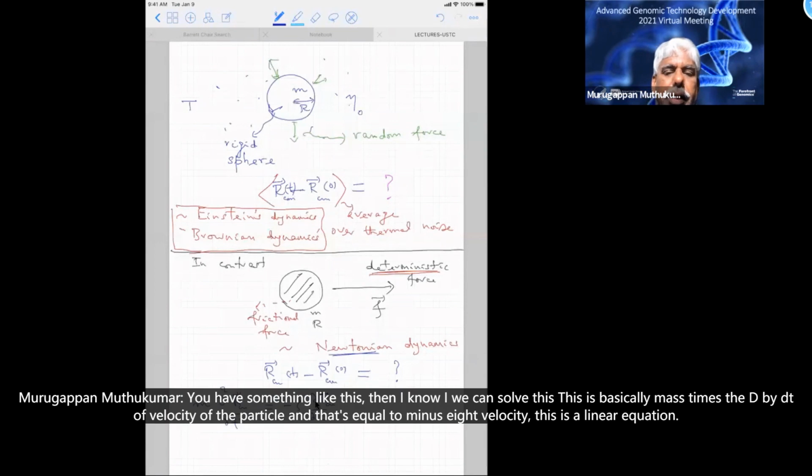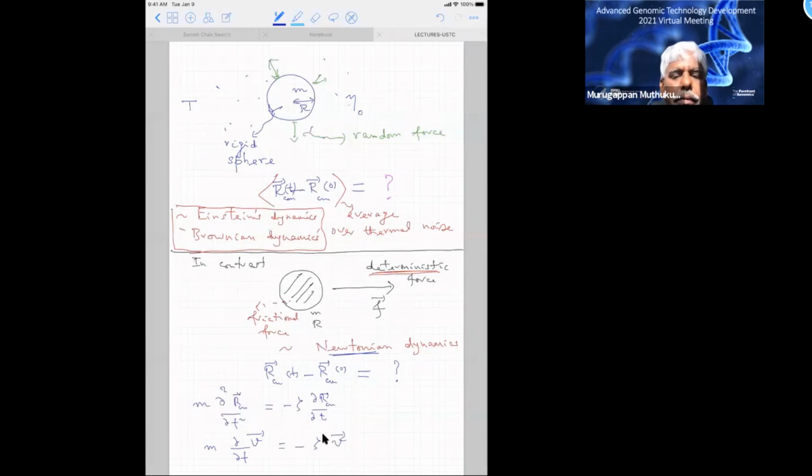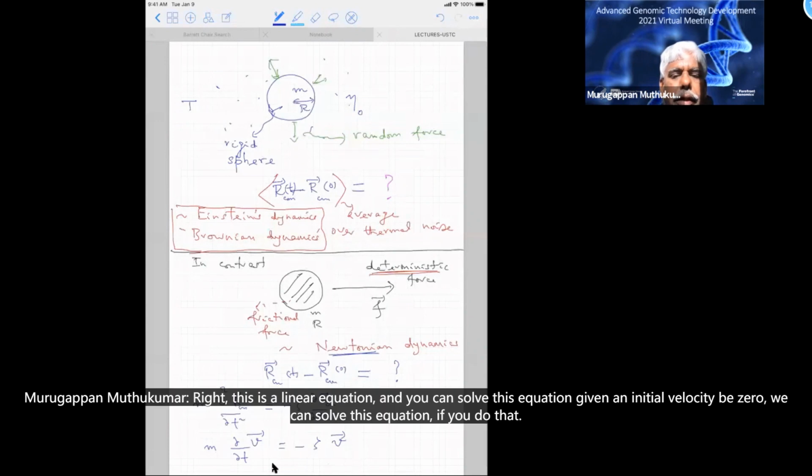This is basically mass times d by dt of velocity of the particle, and that's equal to minus zeta times velocity. This is a linear equation, and you can solve this equation. Given an initial velocity v0, we can solve it.